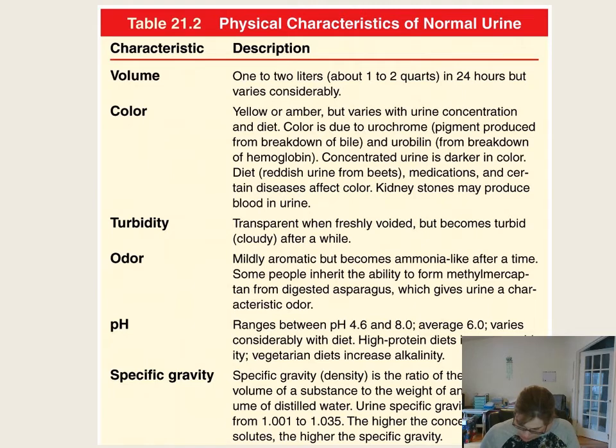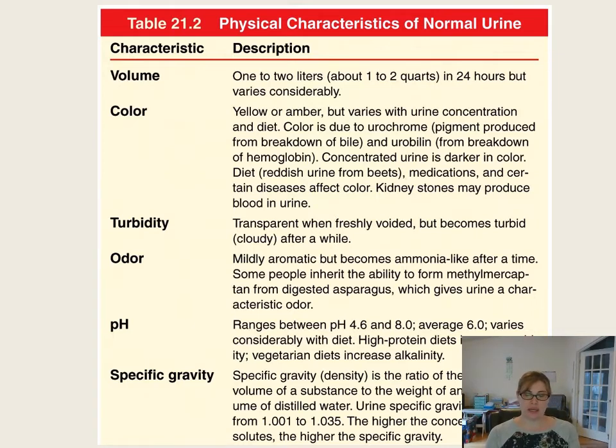All right, and then the last thing here says specific gravity. Specific gravity is kind of how much dissolved substances there are in a fluid. So urine specific gravity is from 1.001 to 1.035. 1.0 is pure water.